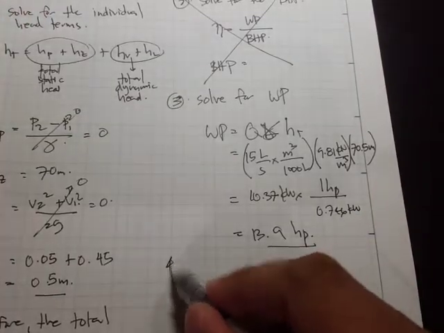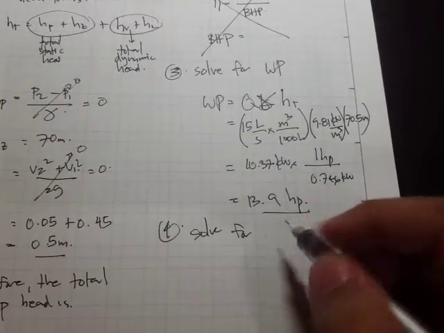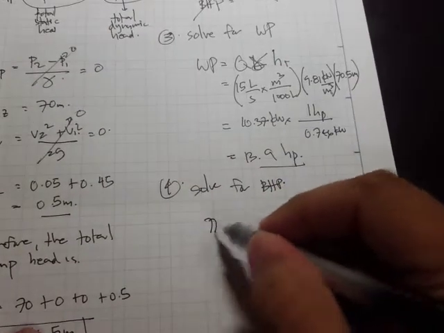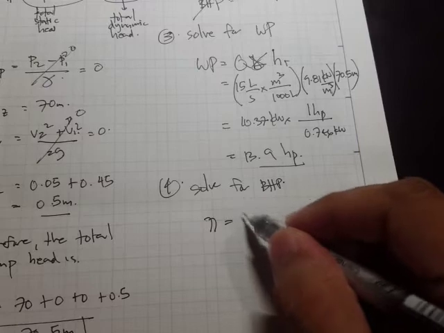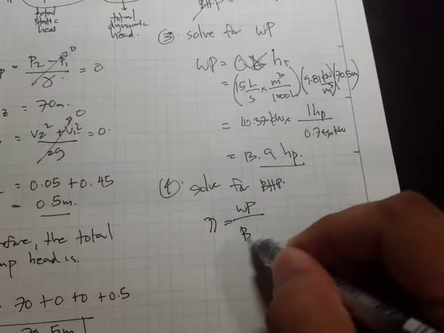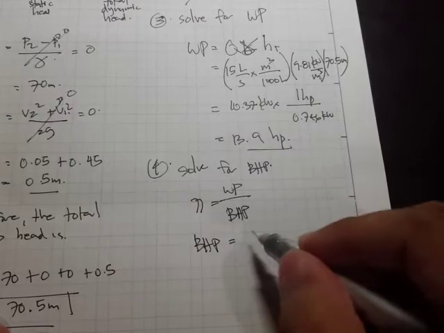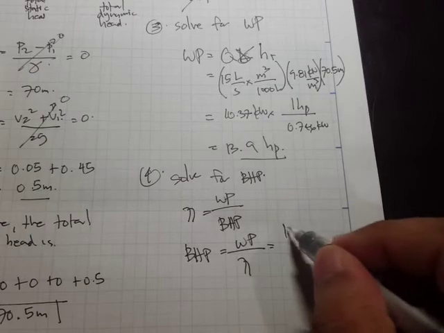Right, so now since we have that, we can solve for brake horsepower. Brake horsepower is related to water horsepower by the efficiency. So efficiency is water power divided by brake horsepower. Therefore, brake horsepower is equal to water power divided by the efficiency.